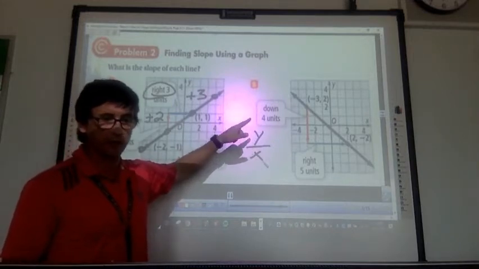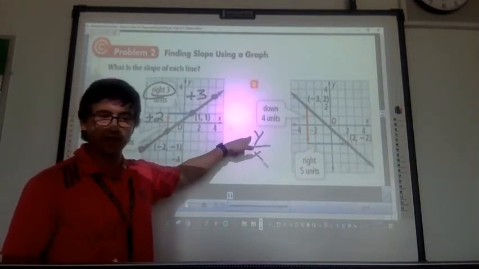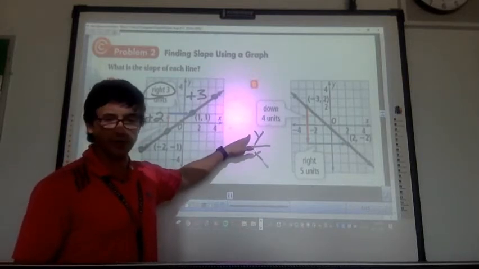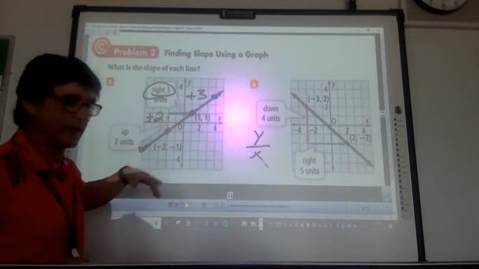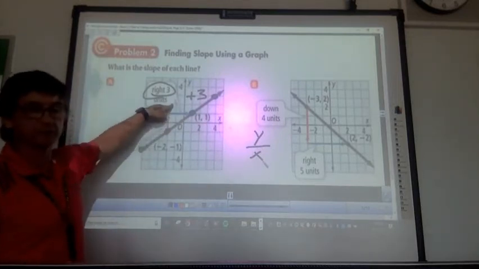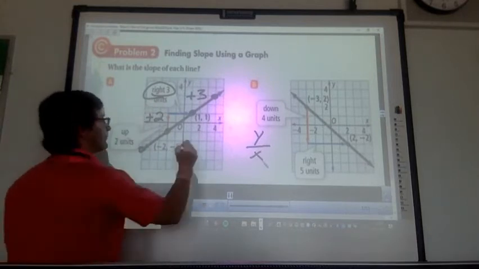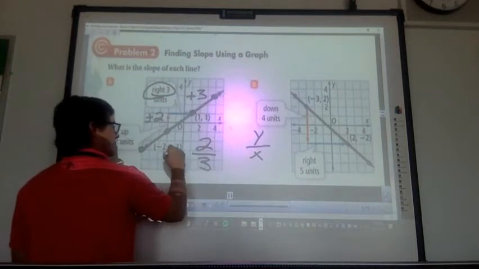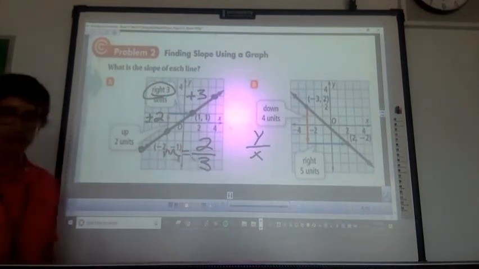Y is always on top, y to the sky. So if that kind of silly stuff works for your brain to help you remember, just write down y to the sky and you're never going to forget that the y goes on top. So the rise part, the y part on top, so 2 over 3. That's what m is.